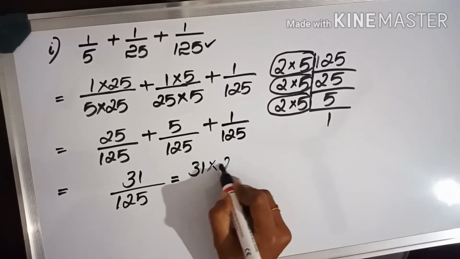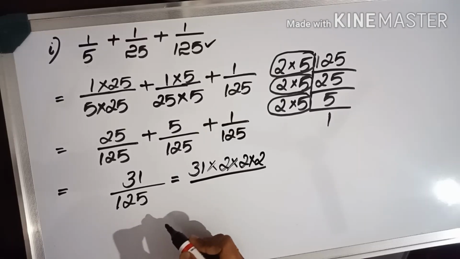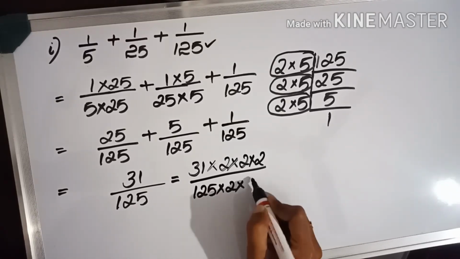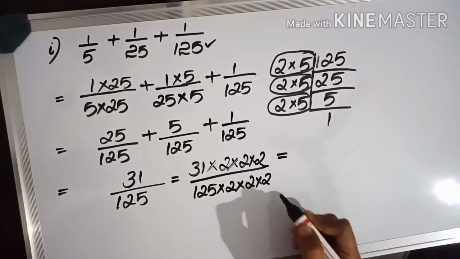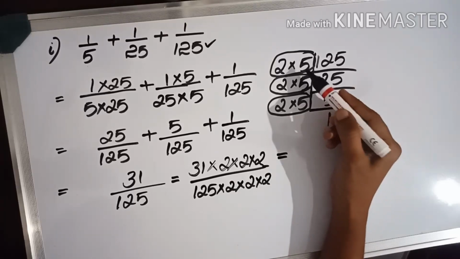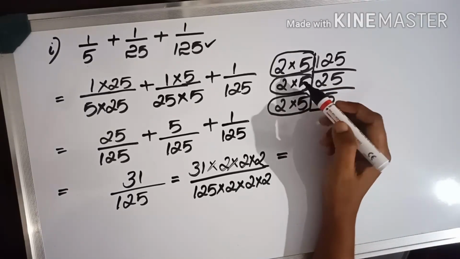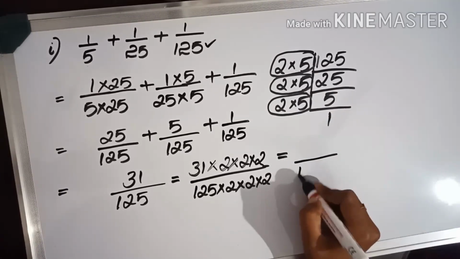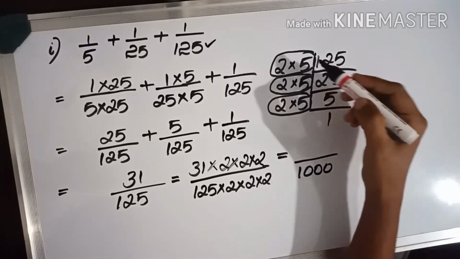So 31 into 2 into 2 into 2, all divided by 125 into 2 into 2 into 2. Here the denominator will be 10, next 10, next 10, that is 1000. Easily you can understand.